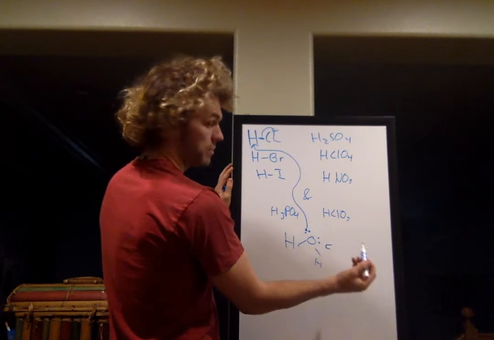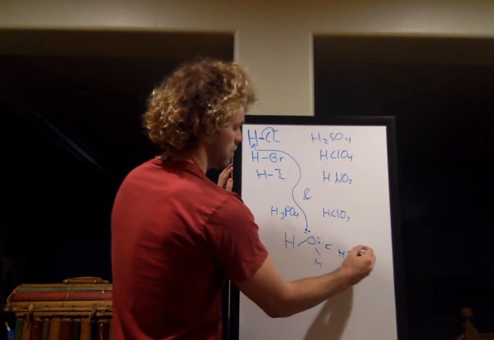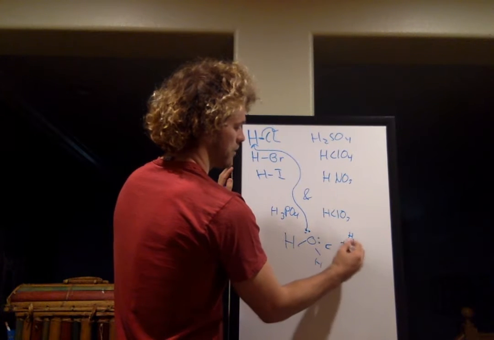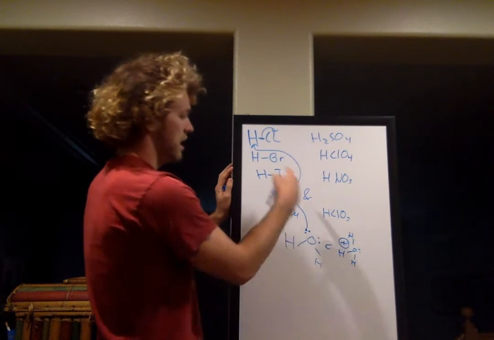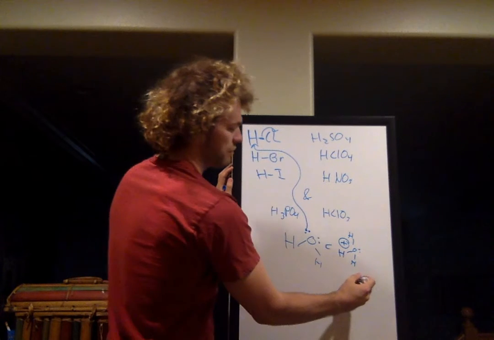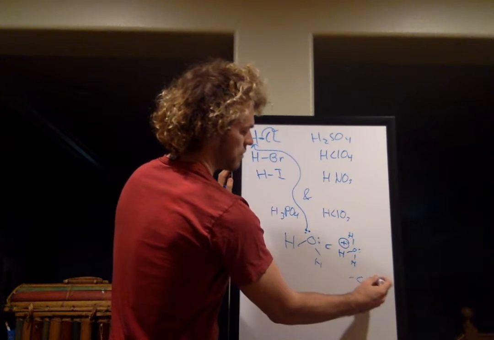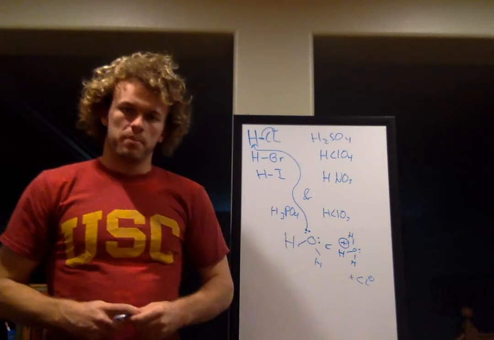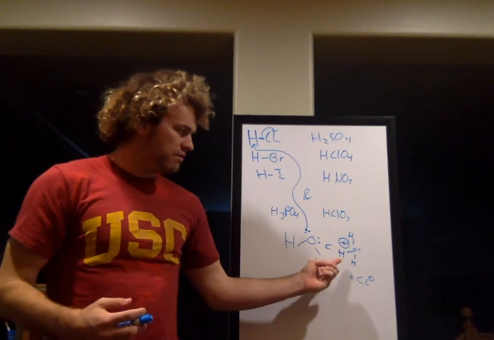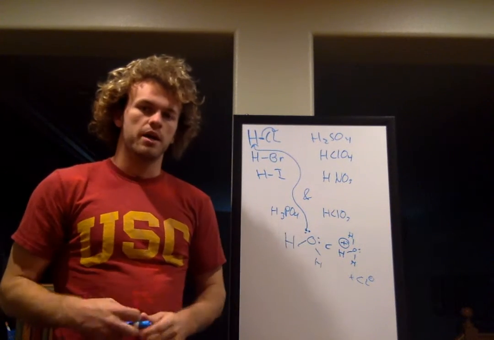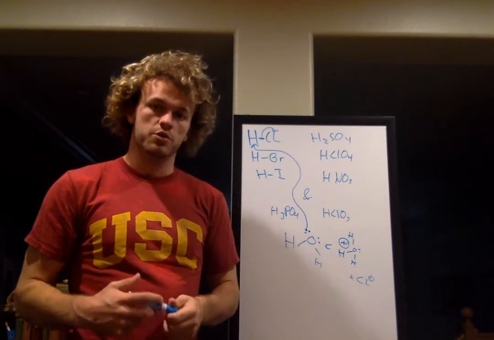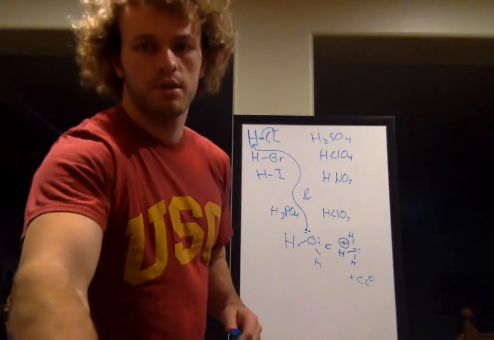So we're going to be left with HOH and a lone pair of electrons, having an overall positive charge. And since it's taking it, it's going to be left with a chlorine by itself with a negative charge. Okay? The generation of a gigantic amount of hydronium ions, the H3O+, is what makes something an acid.